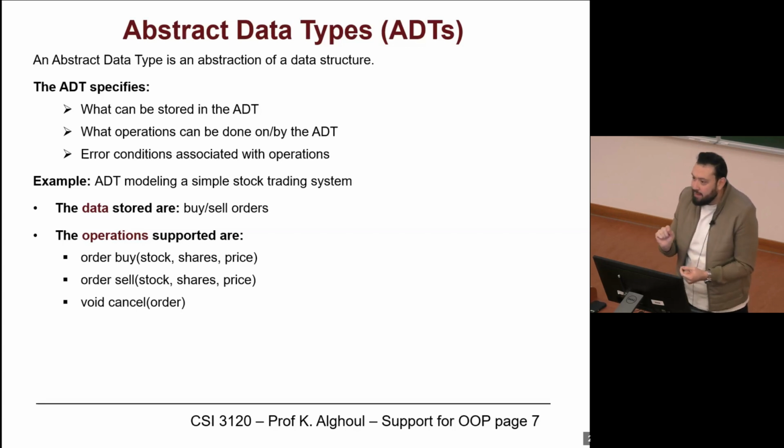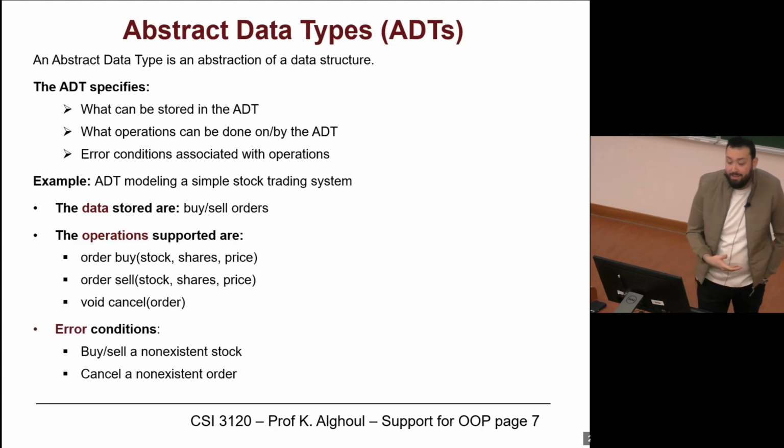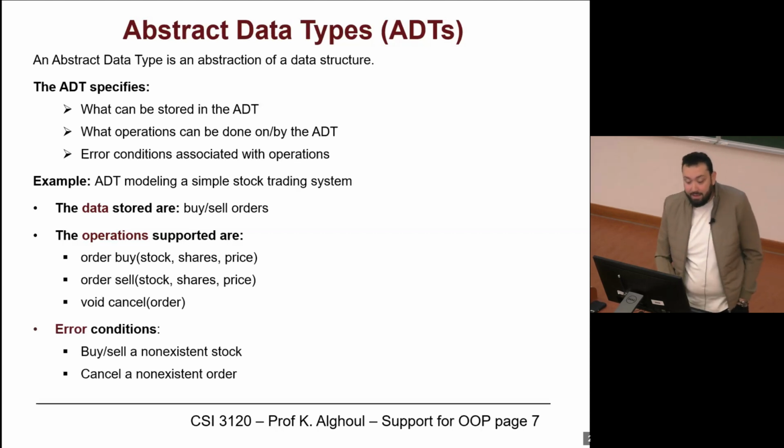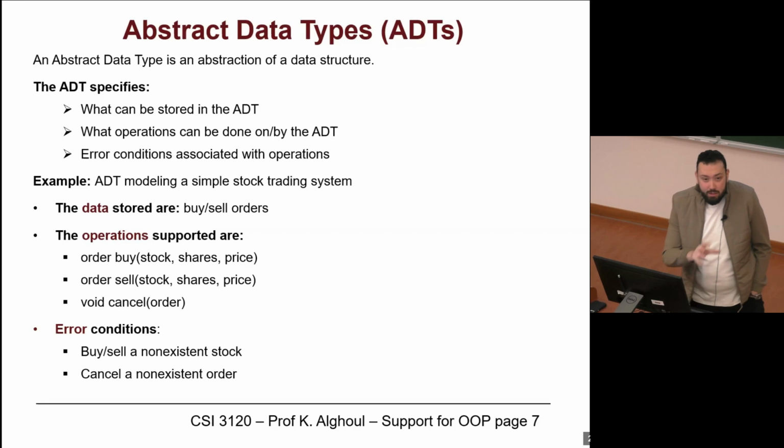You want to try to buy something and then someone says these stocks are gone, or what? Because you put an order based on a specific amount of money, correct? What if this stock has a higher price now? So you need to be able to handle these things, correct? So error conditions: buy or sell a non-existent stock, cancel a non-existent order, for example. So you get the idea.